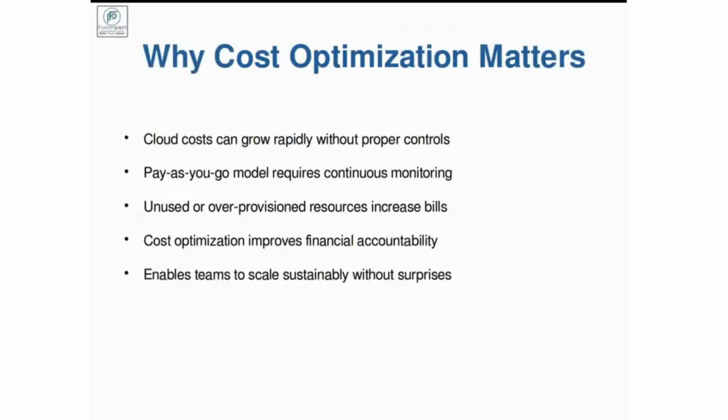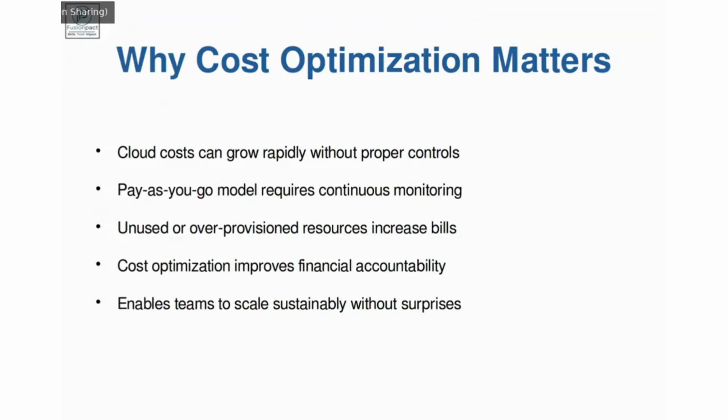So why does cost optimization matter for organizations? As our organization grows, cloud cost also grows rapidly without any proper control. If we do not place any restrictions or policies on that, it will grow exponentially. AWS provides a pay as you go model, which also requires continuous monitoring.